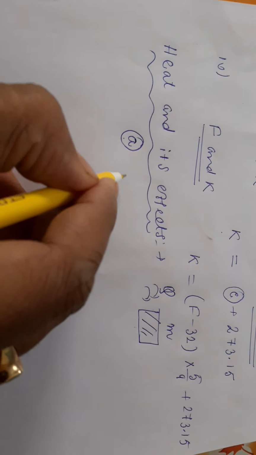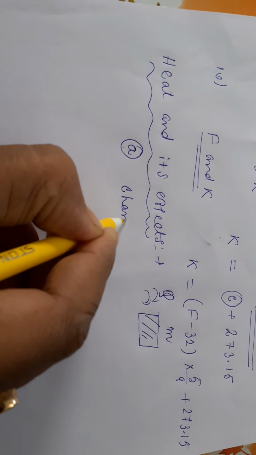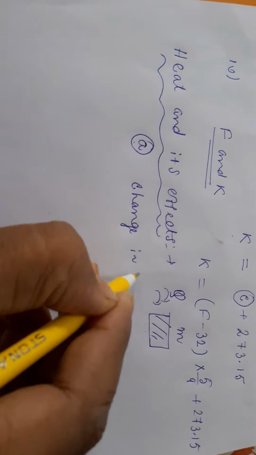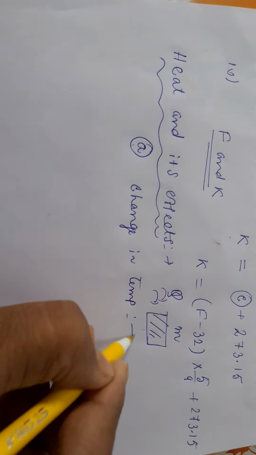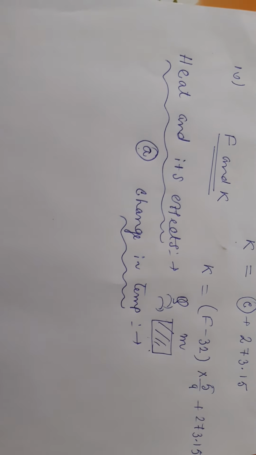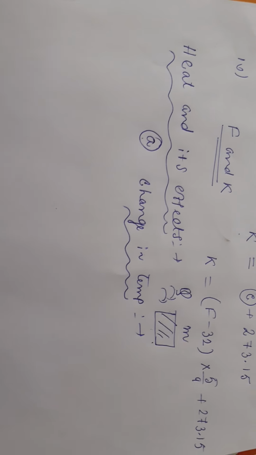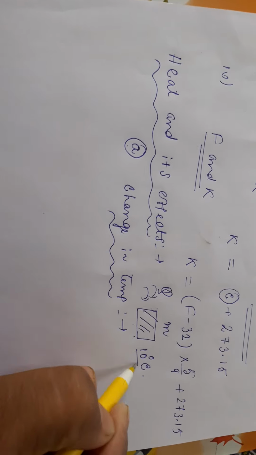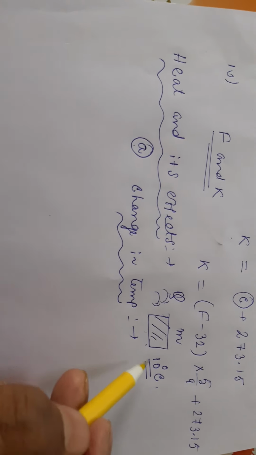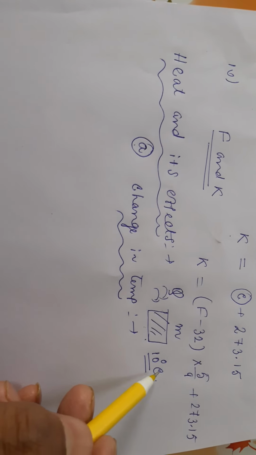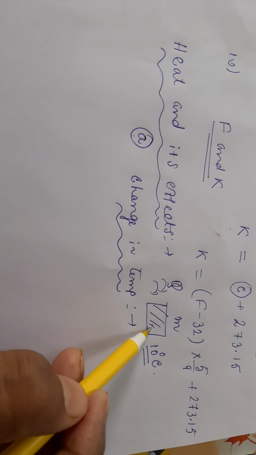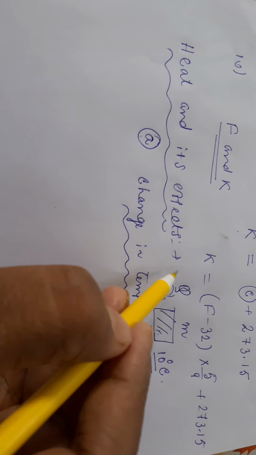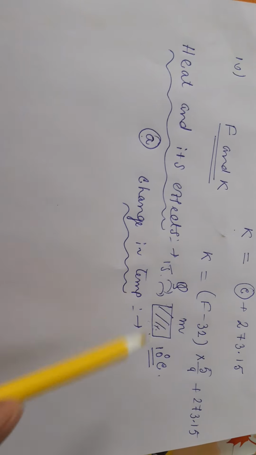First, change in temperature, that is given in your book also. How is it possible? Suppose this material body is initially in a cold condition, maybe the temperature is 10 degrees centigrade, maybe in winter time. Now you give 1 joule of heat energy to this body.